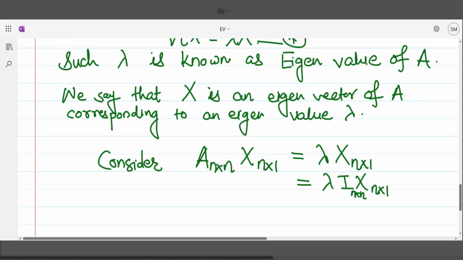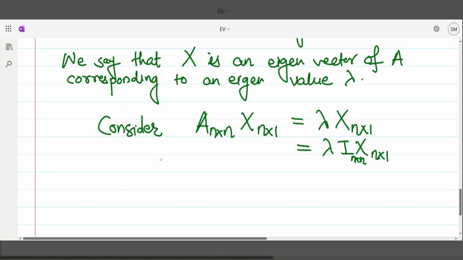This rewriting of the lambda x term gives the further representation A x minus lambda I x equal to 0.